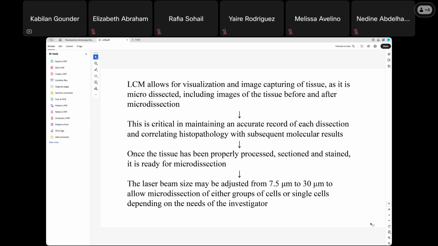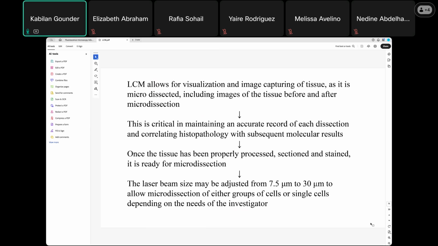So this data will help you in the later stage to know which area you picked up the cells from, what cell types you picked up, and how much you picked up. So you have that evidence.